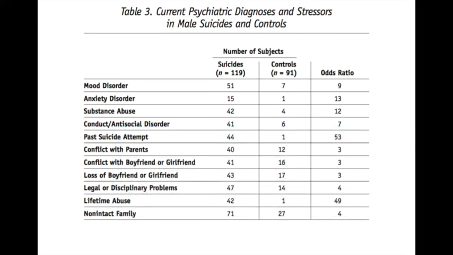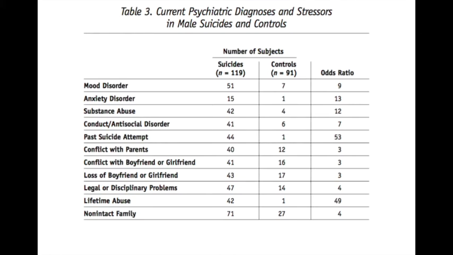How would you calculate the OR for substance abuse? Well, if A equals 42, then C would have to equal 77, because 119, the total number of suicides, minus 42 equals 77.